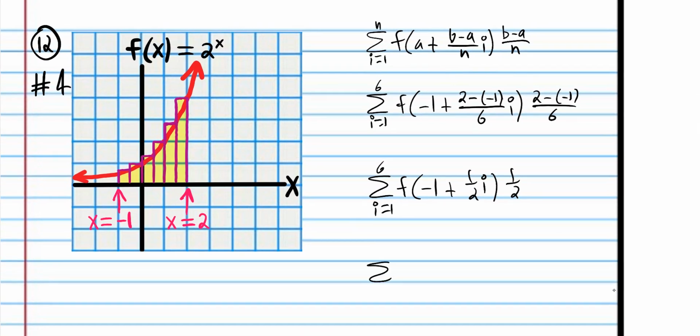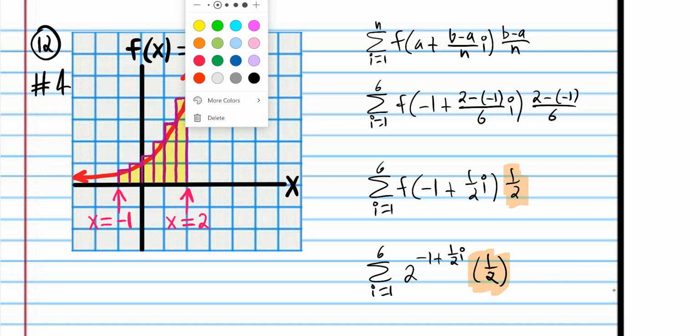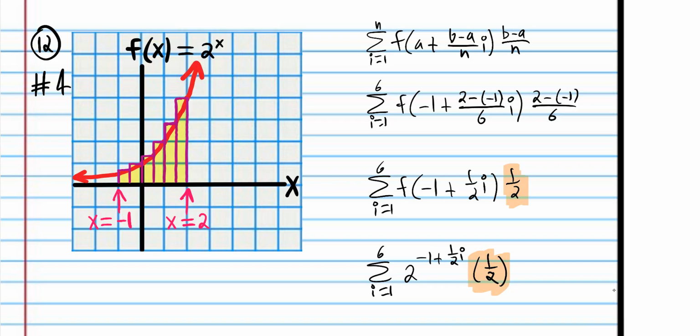And now we change f to 2 to the x, but instead of 2 to the x, it's 2 to the -1 plus 1/2 i times 1/2. So that's the width of each rectangle, and this is the height of each rectangle.